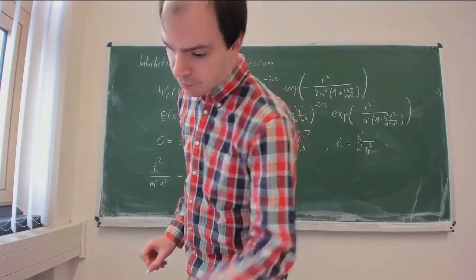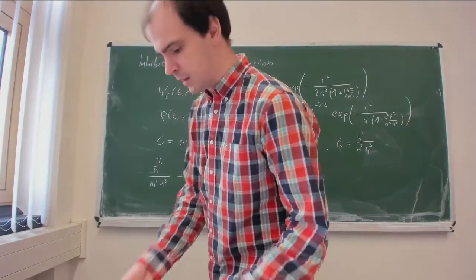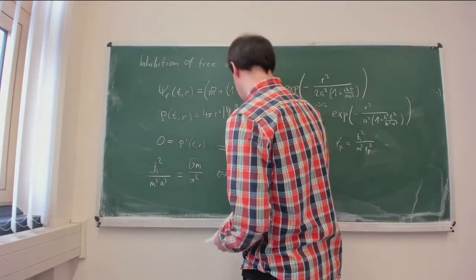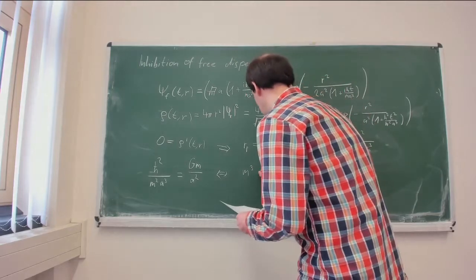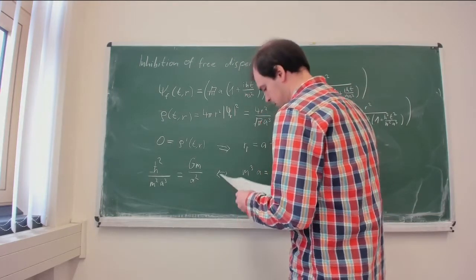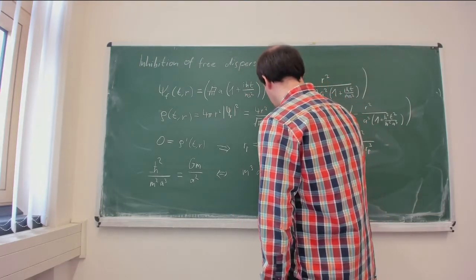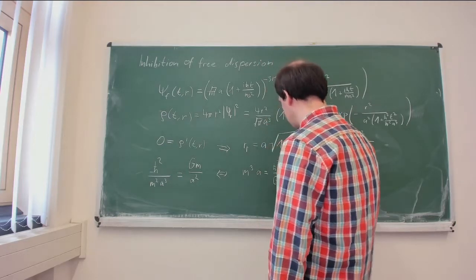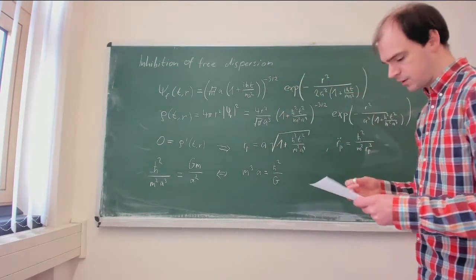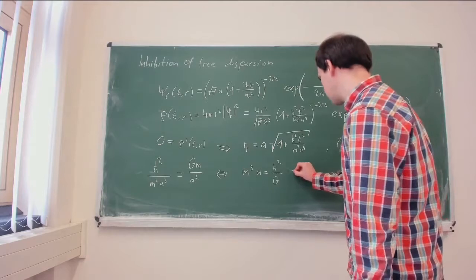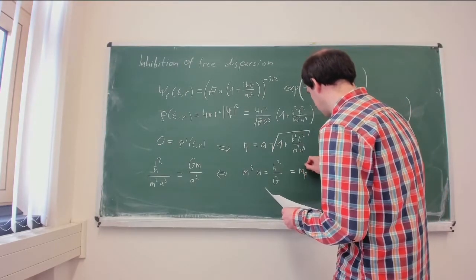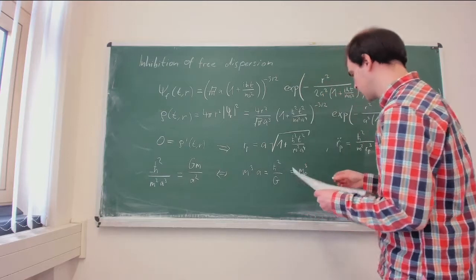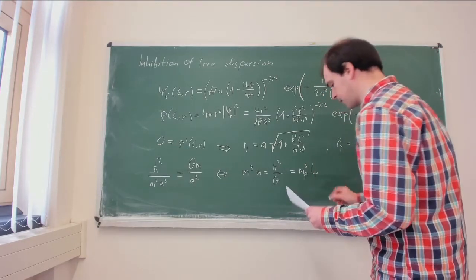And we can express this as m cubed a equals ħ² divided by G. So this is just a constant, which we can also write as the Planck mass cubed times the Planck length.